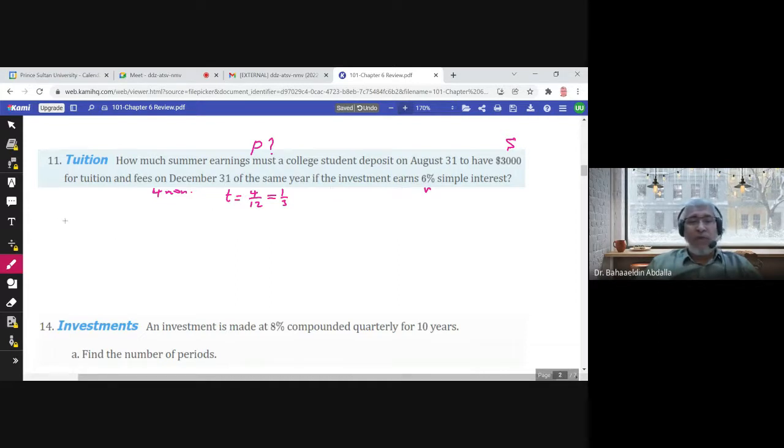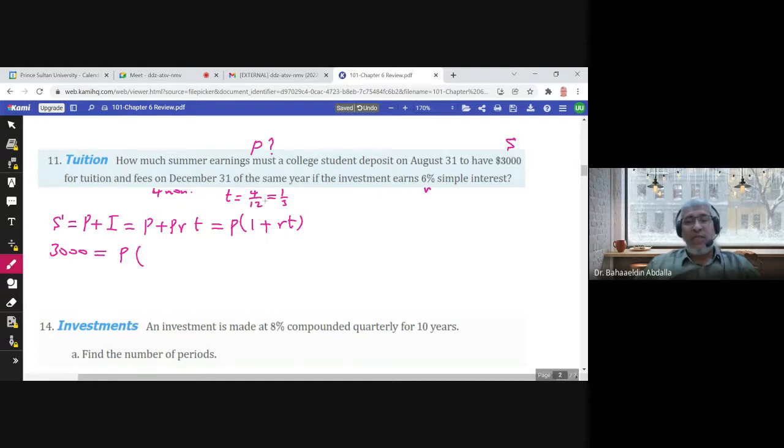So we know that S equals P plus I, and you know I is PRT. So I can take P as a common factor and write it 1 plus RT. So S, the 3000, equals P, which we need to find, times 1 plus RT.